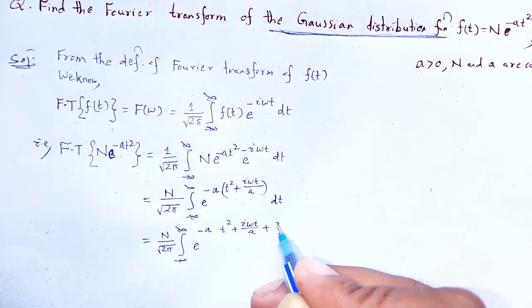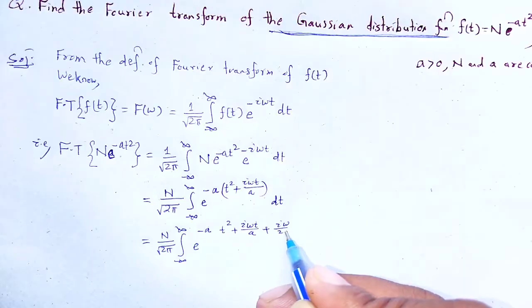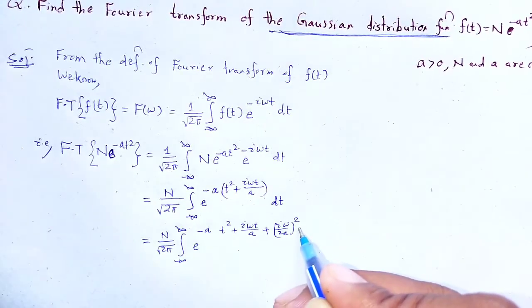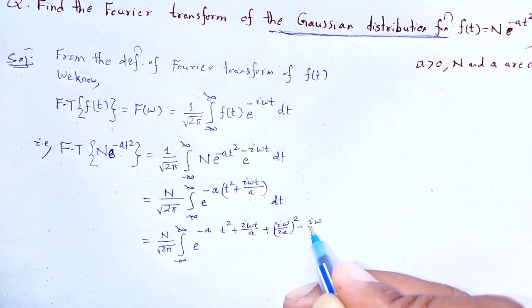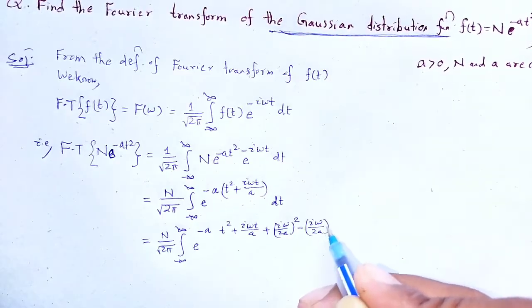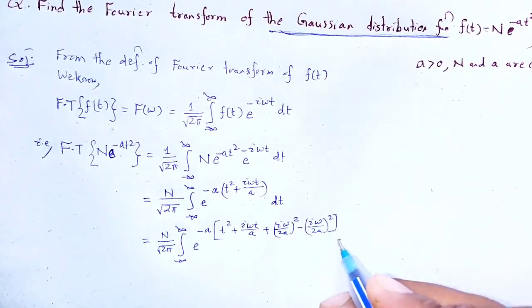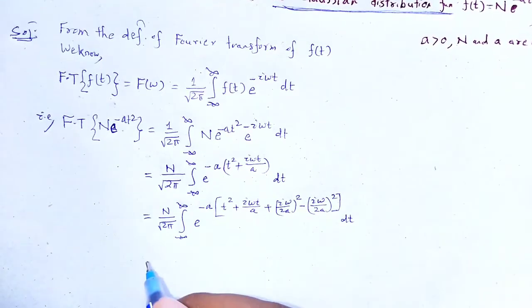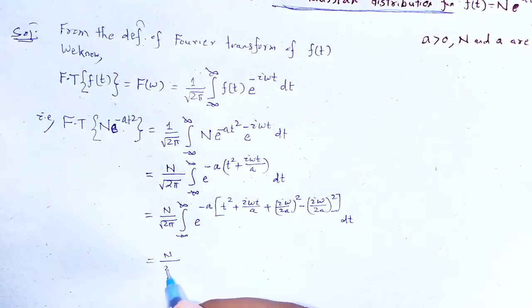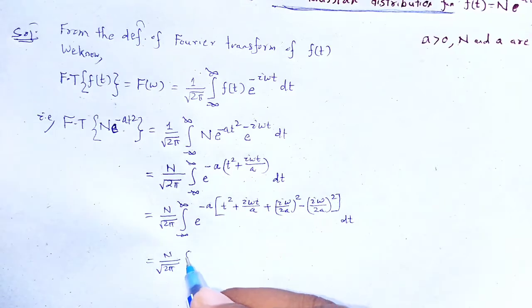I add the term I omega divided by 2a whole square and subtract the same term I omega divided by 2a whole square. There will be no such change in dt.